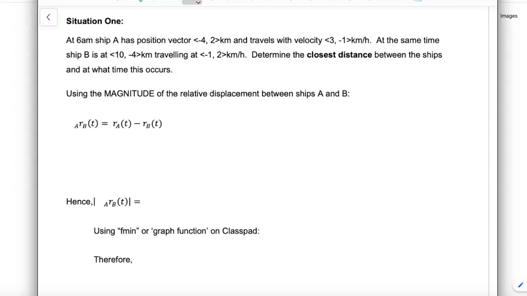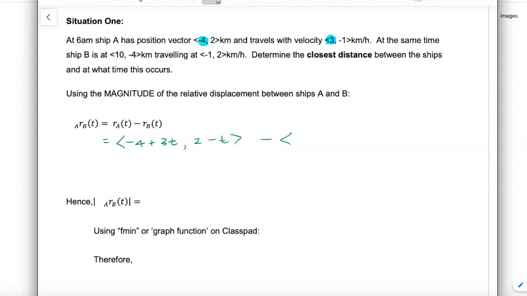What we need to define is the displacement of A. Well, that's going to be -4 plus 3t. So I'm just taking the i values from its position and velocity. And the j will be 2 take t.